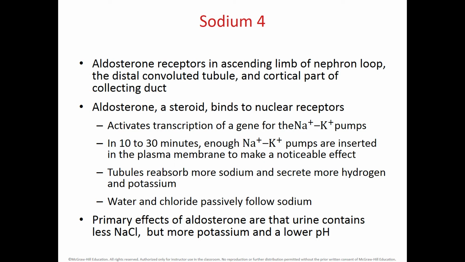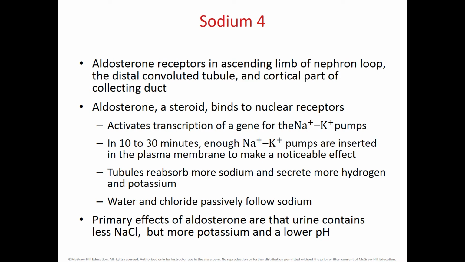So after you have aldosterone within your kidneys, between 10 to 30 minutes, you will make more sodium and potassium pumps in these cells, put them in the plasma membrane, and then your renal tubules will reabsorb more sodium and they will secrete hydrogen and potassium. And then your absorption of sodium will help to increase water absorption and also chloride absorption.